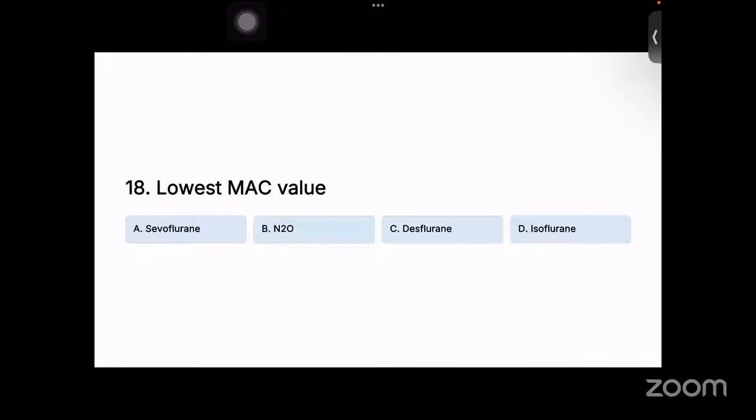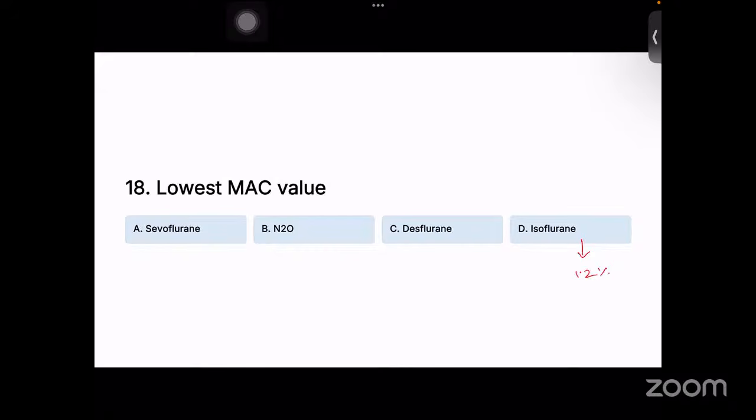Lowest MAC value. So speaking about the lowest MAC value for the following drugs: sevoflurane, nitrous oxide, desflurane and isoflurane. Okay, isoflurane is having the lowest MAC of 1.2%.